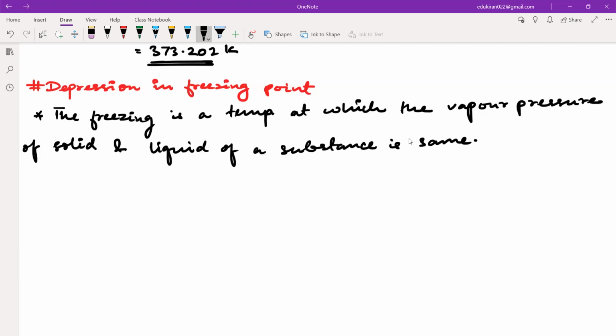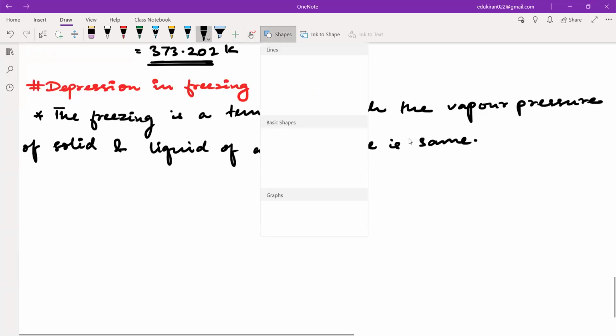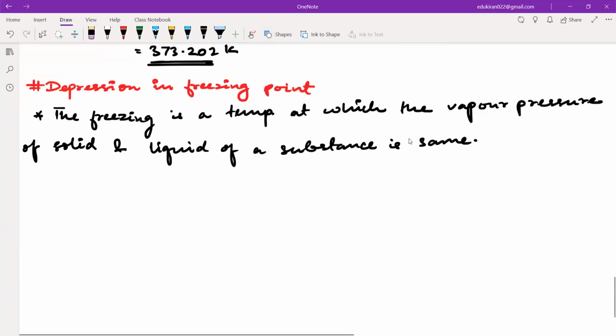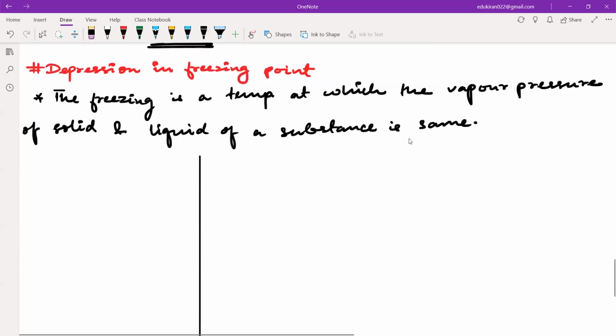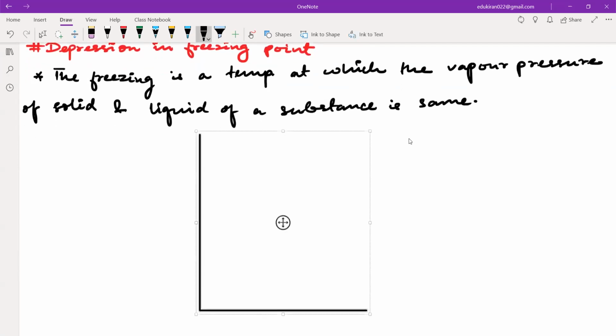That means the vapor pressure of liquid is becoming so low that it is coming near and becoming equal to that of solid. Now, how will that happen? Look here. In this plot, we will have vapor pressure here and temperature here.